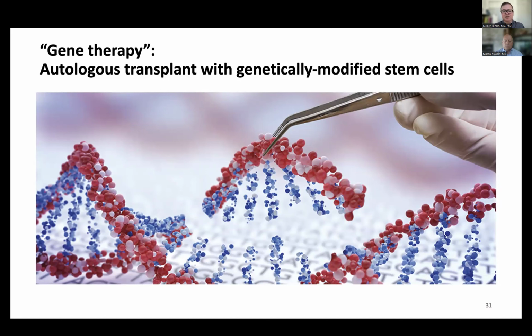And the advantage is first, those 83% of patients who don't have a sibling that is a match for a transplant now can become their own donor. And also, there is no risk of rejection or of graft versus host disease because it's your own cells, so there's no reason for the new cells to reject your own body.